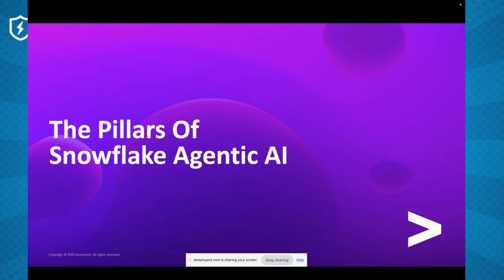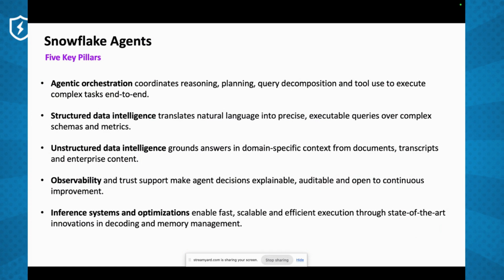But it was all about stitching the story together. And now we are talking about how you talk to your clients about what Snowflake provides in the agentic world. These are the 5 pillars I'm talking about. Now let's take it step by step, one by one, and then we'll go one level deeper into each pillar.